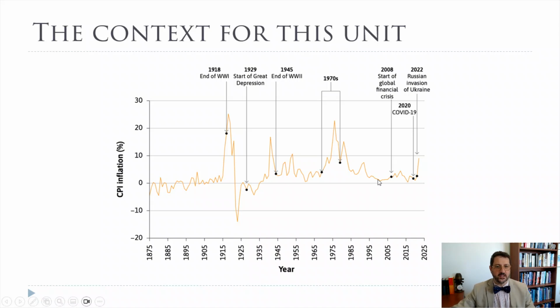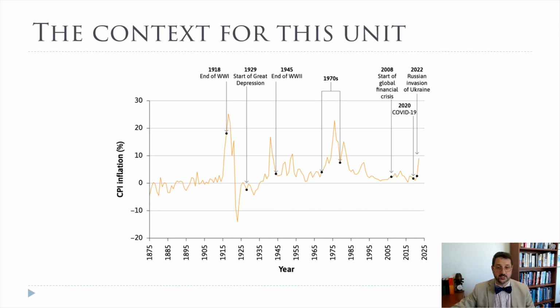But then you can see that after the mid 1980s, we tended to have fairly low inflation in the UK, as this graph shows, but also in the United States, until the end of the pandemic, where there was a lot of money in the system and people wanted to buy a lot of stuff. At the same time, the pandemic was causing some supply issues, and people were shifting what they wanted to buy. And then, of course, there was the Russian invasion of Ukraine, which increased things like oil prices some, but especially natural gas prices, and that led to inflation as well.